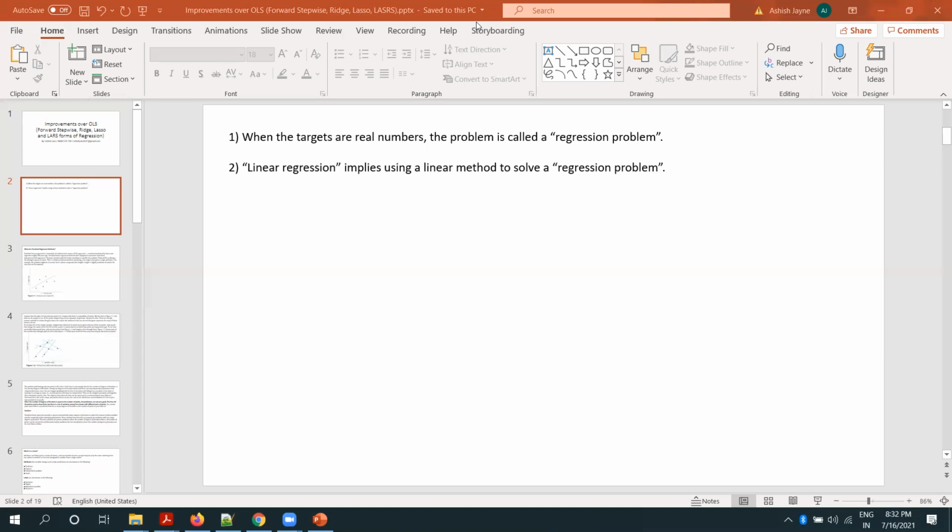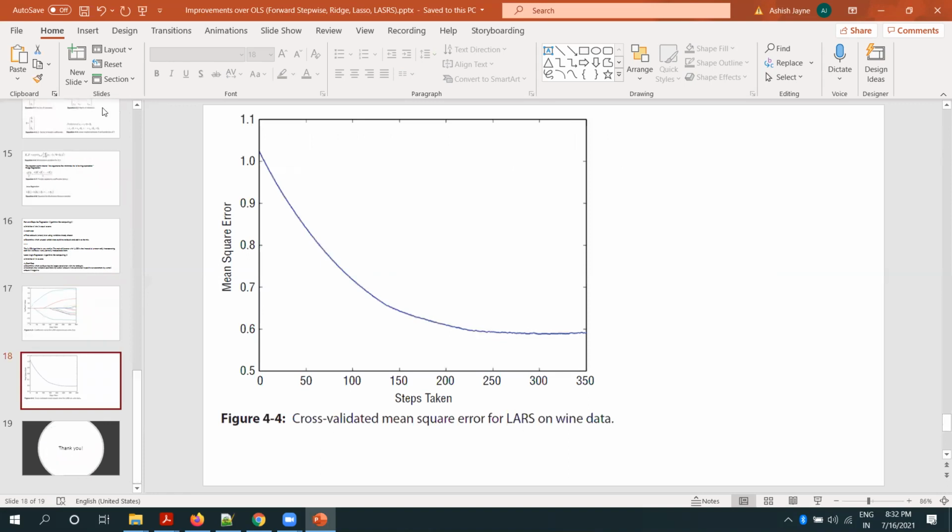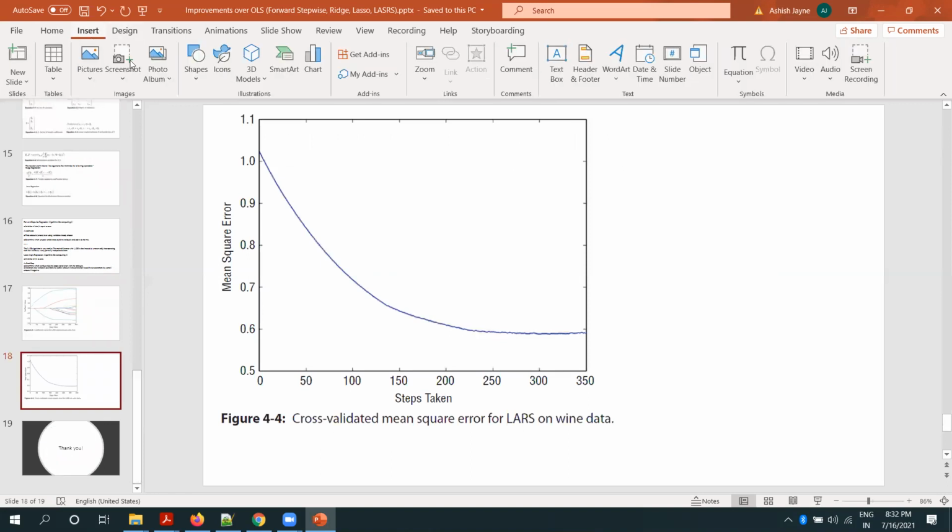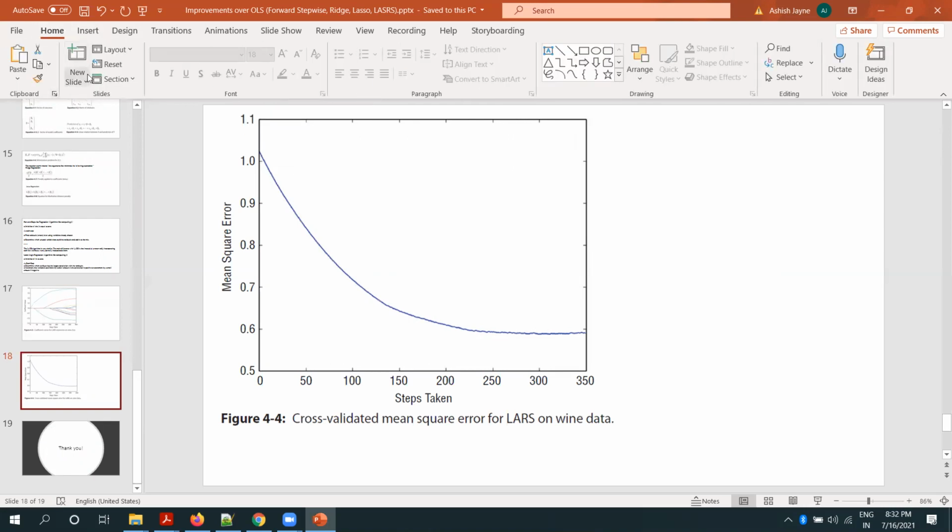If you want to use a regression method, let me show you how you can use a regression algorithm for classification. The book which I was reading for preparing this course material showed how you can use ridge regression for the purpose of classification.